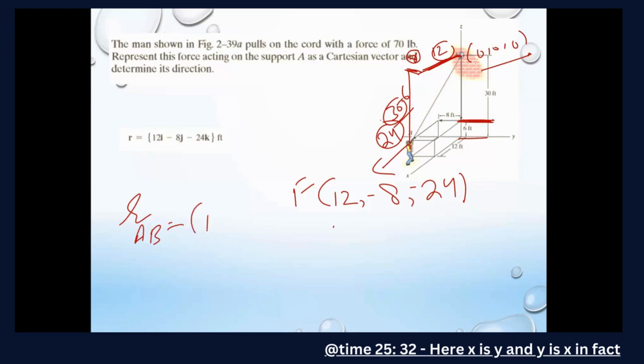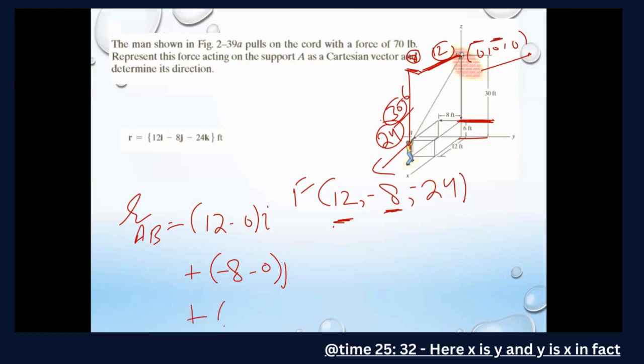So you can write 12 minus 0 for x, this one is x, 12 minus 0 i. Then plus minus 8 minus 0 j. This is the final y, this is the initial y, 0.